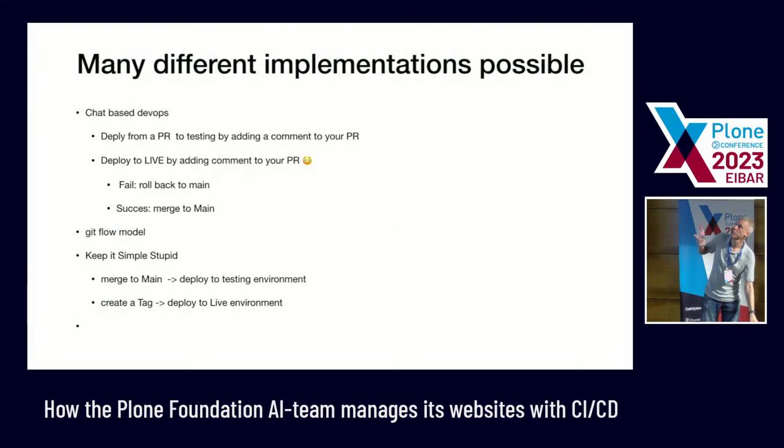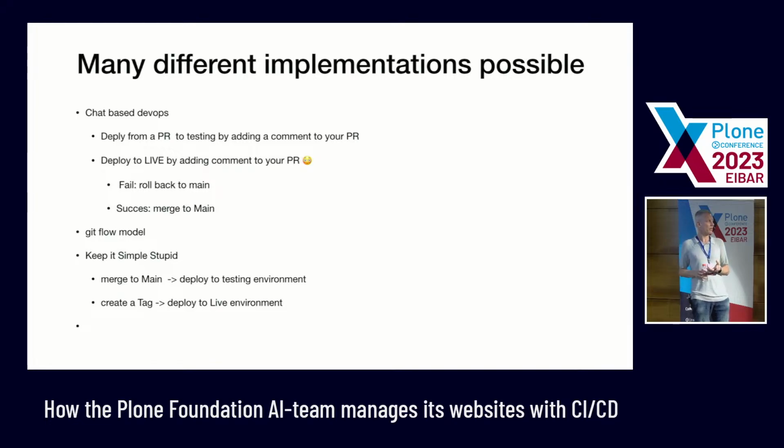There are many other implementations possible. I skip a bit there. I saw some very cool stuff, for example, where you have chat-based DevOps. So you just make a branch of some stuff while you're working. As soon as you make a pull request, you can just in GitHub comments say, CI/CD, can you please deploy this one to testing? And then you don't have the triggers anymore. The developers themselves are responsible for putting some messages there. And there's even some, and really that got me shivering, deploy to live by just keeping the PR open.